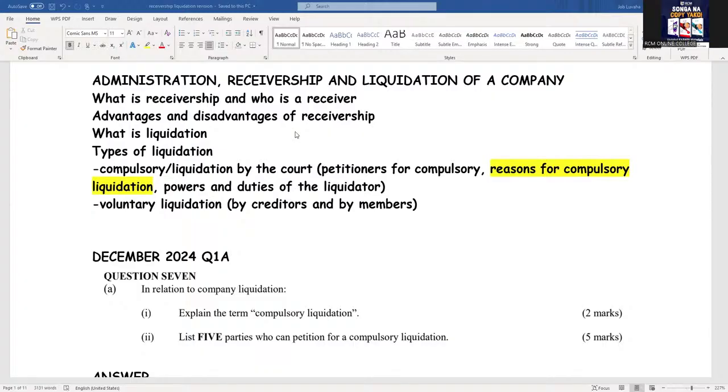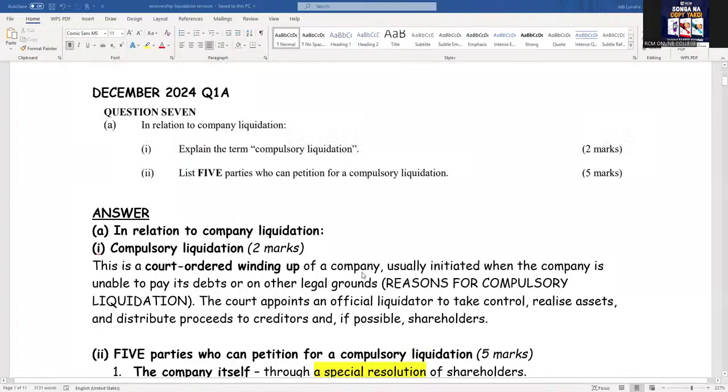So those are amongst the parties who could end up petitioning the court to issue a liquidation order for the company to be compulsorily liquidated. So when you talk about compulsory, this is a court-ordered winding up of a company, usually initiated when the company is unable to pay its debts or on any other legal grounds.